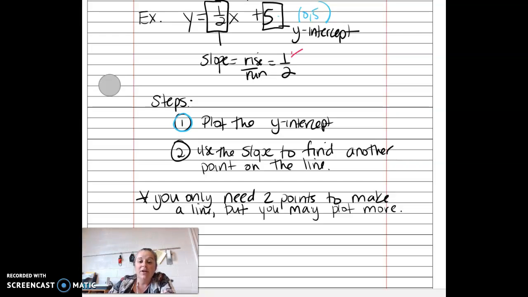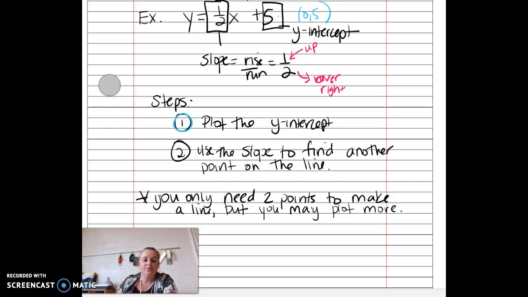Your slope tells you that you need to rise up 1 and then run over 2, or put over to the right 2. Okay, so it tells you which direction to go. If it was negative, I would go left 2. I'm always going to try and go up if I can, and then right or left depending on if it's negative or positive.